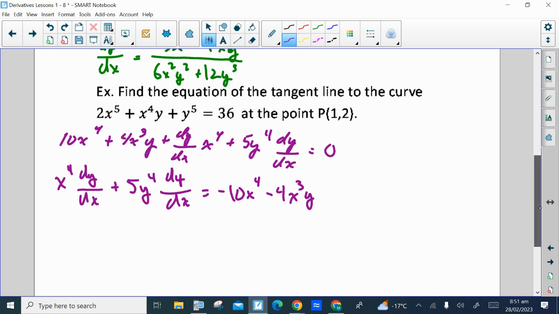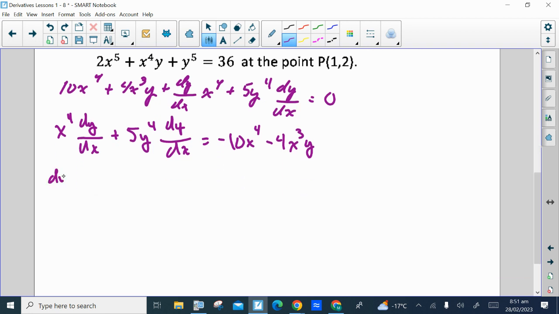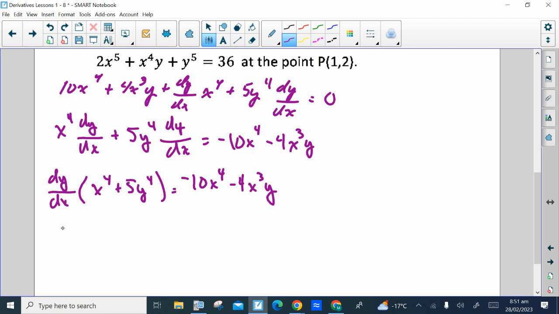Common factor on the left of dy by dx. And then we divide both sides by what's inside the bracket.